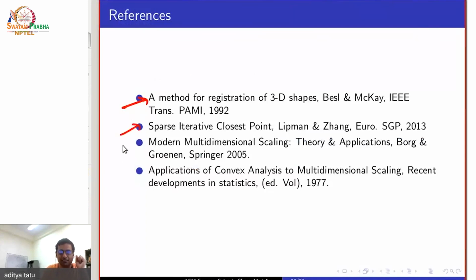This paper again is the one that talks about modifying the cost function so as to have a scheme which is insensitive to outliers. For the non-rigid shape matching part, we basically used something called MDS, multidimensional scaling. There's a book on this, even over here.